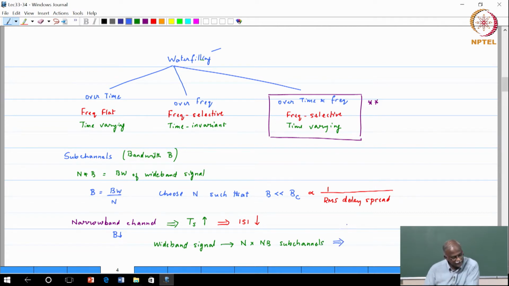So in the worst case, I can get by doing a single tap frequency domain equalizer, FDE.